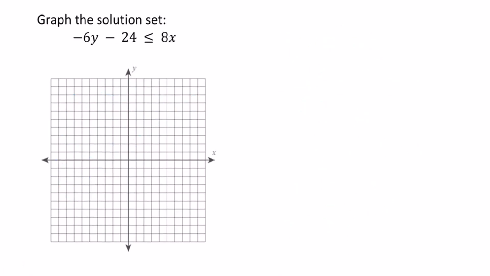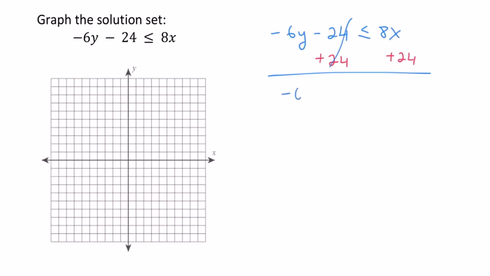Negative 6y minus 24 is less than or equal to 8x. So let's solve for y. Negative 6y minus 24 is less than or equal to 8x. Add the 24 over. So negative 6y is less than or equal to 8x plus 24.